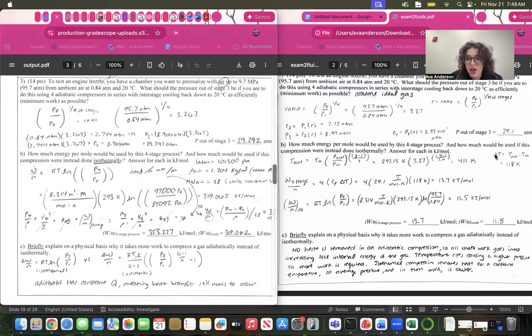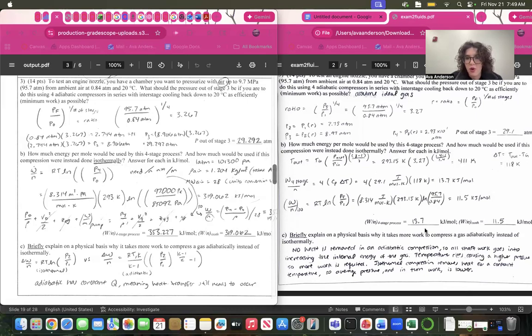I calculated the change in temperature first to make it easier to solve this later, but it's 108 Kelvin. And you need to start by finding the temperature that's going out. So you multiply the temperature going in by P out over P in, all to the power of gamma minus 1 over gamma. That gets you 411 Kelvin.